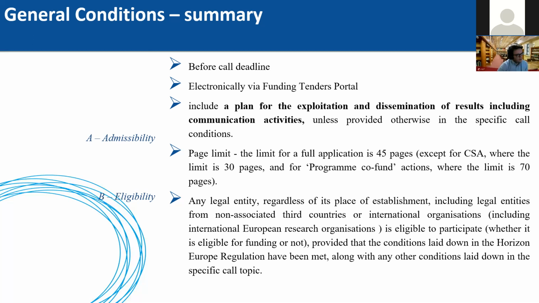With regards to eligibility, any legal entity, of course, regardless of place of establishment, can participate, including legal entities from non-associated third countries or international organizations. But on the question of funding, you need to check upon it.